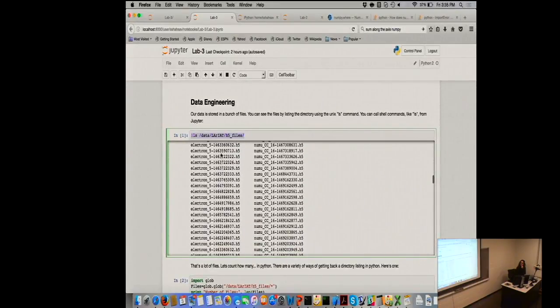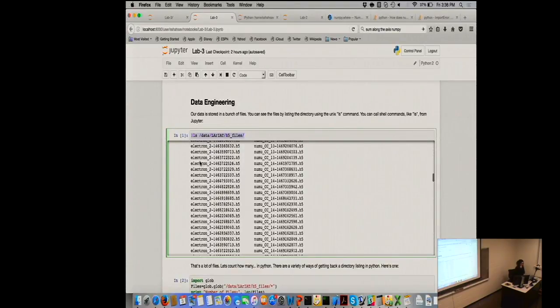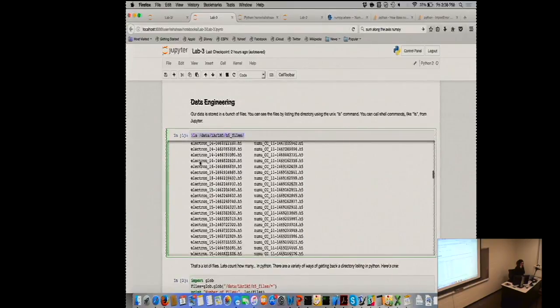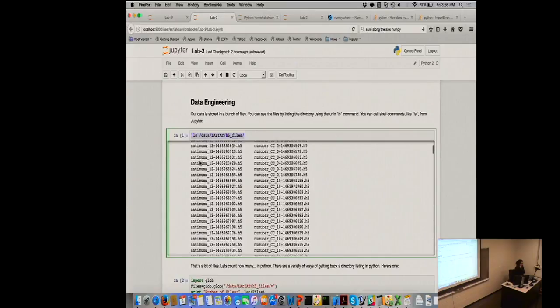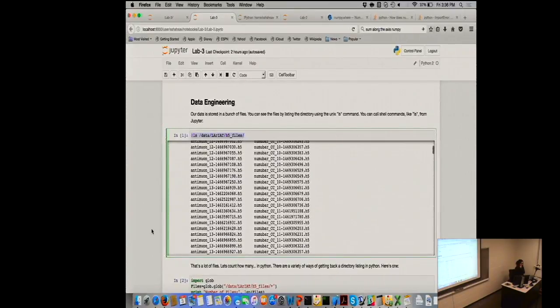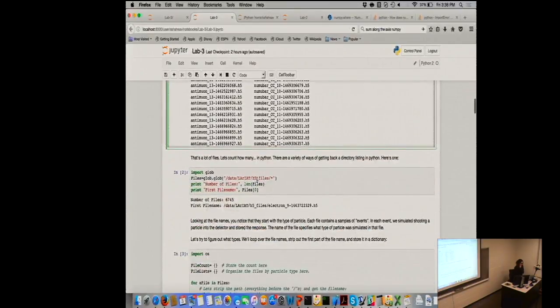If you look at the files, they start with the particle name, for example, electron, anti-muon, and other things. There are many ways that we can load the H5 files.